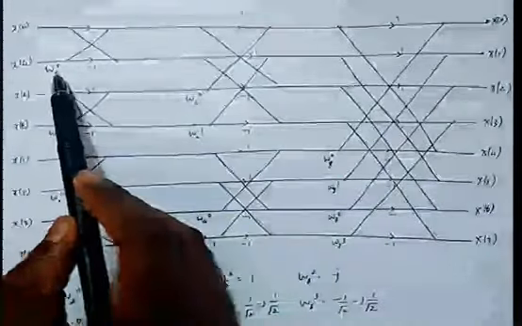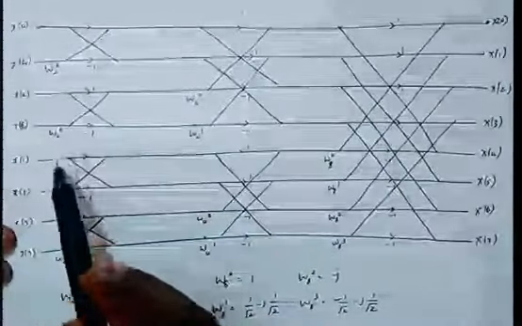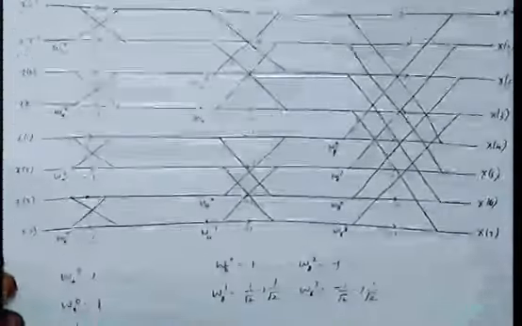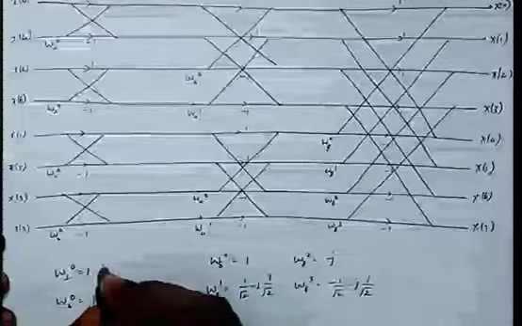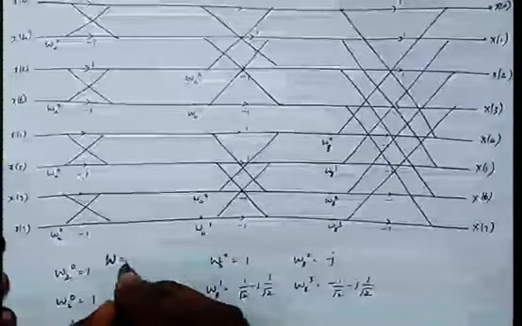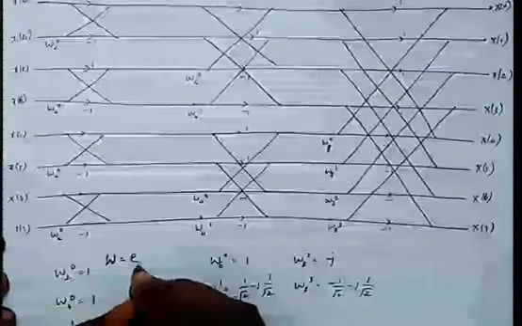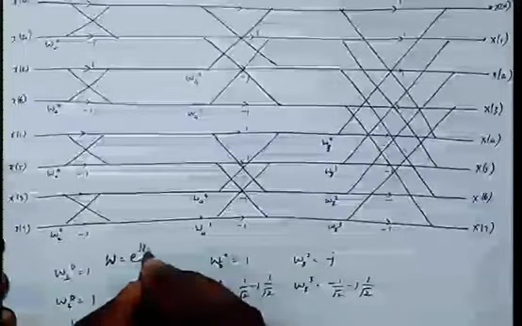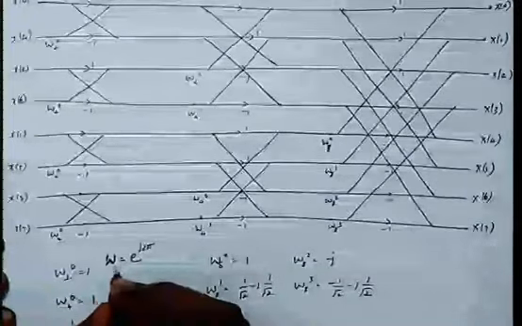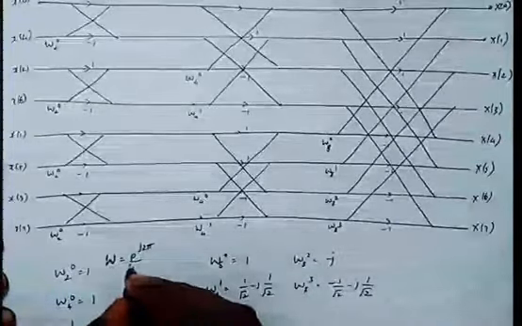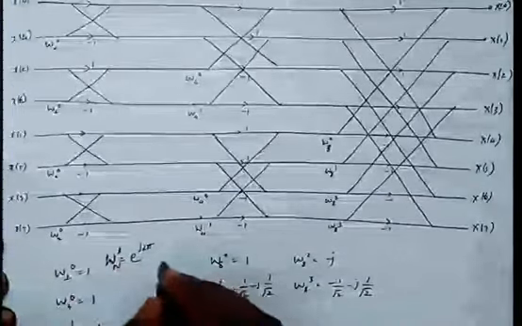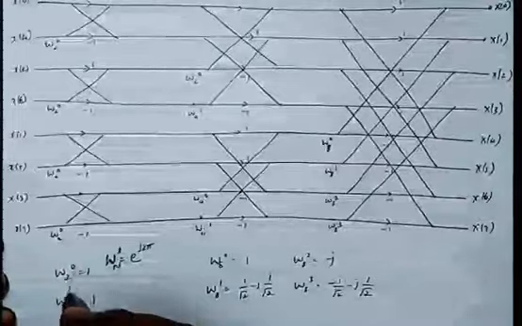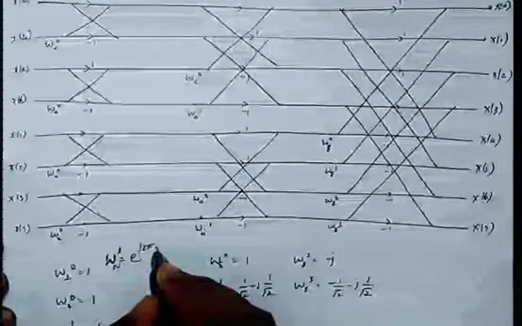The weight here is going to be W_2^0 for each one of these, and W_2^0 is nothing but 1. How we have calculated it: W is the twiddle factor, which has the value e power -j2 pi K by N. The general form is W_N^K, and here the value of K is 0 and the value of N is 2.